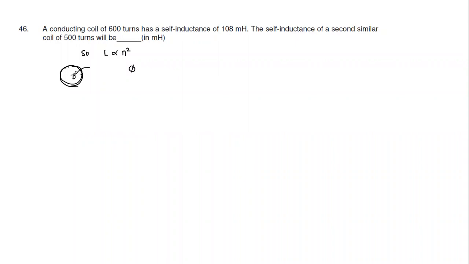So whatever the shape of loop, if the number of loops increases by a factor of n, the field also increases by a factor of n. So the field is proportional to the number of loops n. And then when we calculate flux for a given area, for each loop we calculate flux. So flux also is proportional to n for the same value of this.